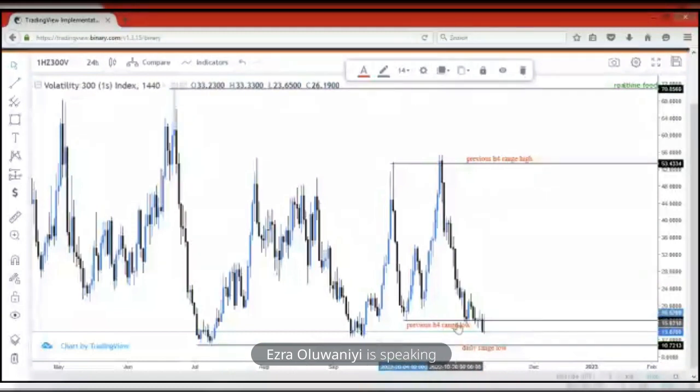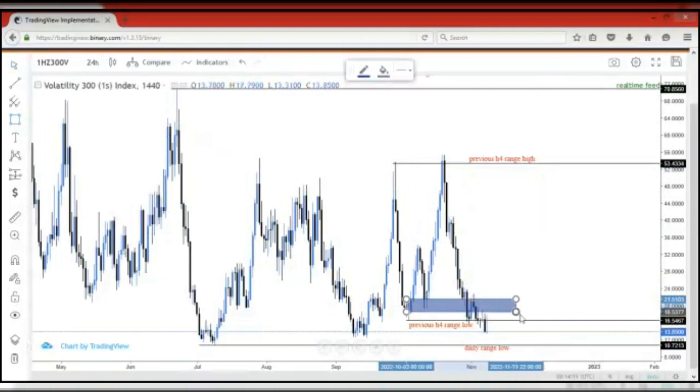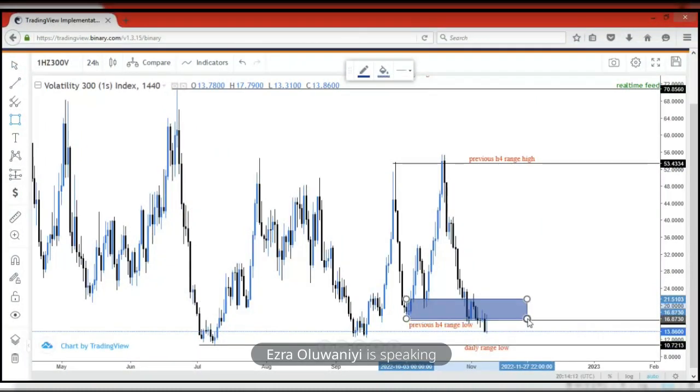So when I saw this range, I know that if price did not move from here, price might tend to go downward. If price did not move from this zone here, based on H4, I'll go to H4 so that you can see it. If price did not move from here and close below, then obviously price might just continue selling down to, let's say, the daily zone. And the daily zone is not down here.